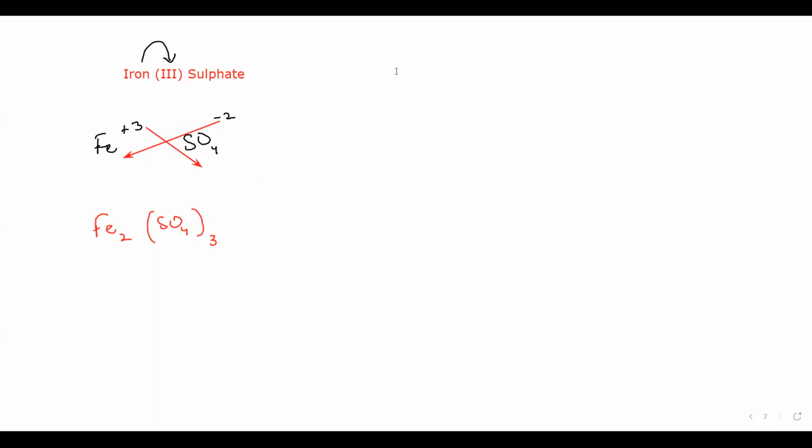And what about the formula of iron 3 oxide? When we write the formula of iron 3 oxide, it means iron is there, which is having a charge of plus 3, and oxide means oxygen is there, as it belongs to group 6, so it will be -2. Then we cross multiply the valencies.